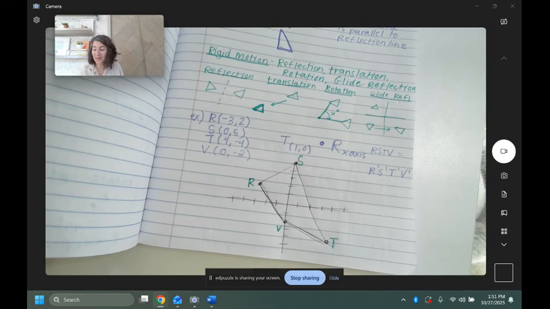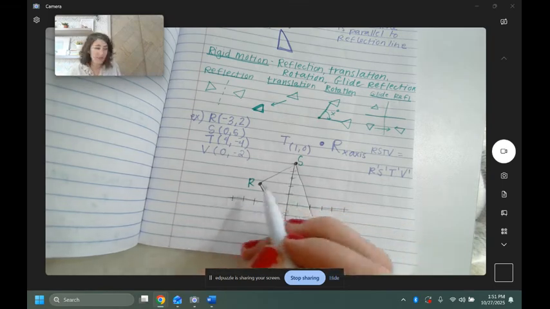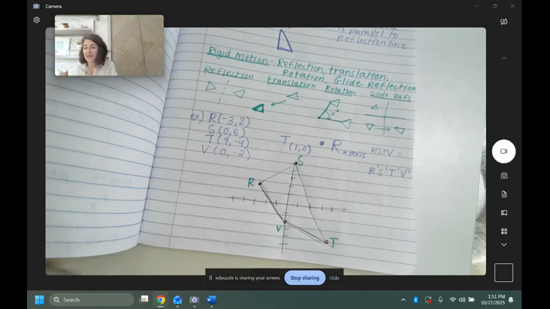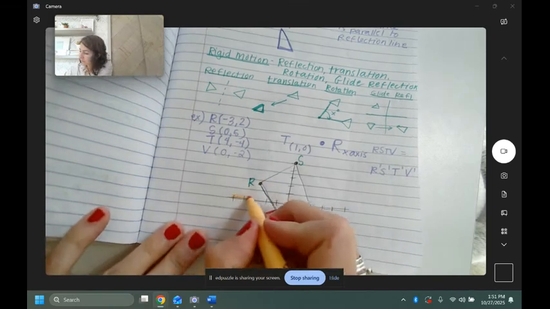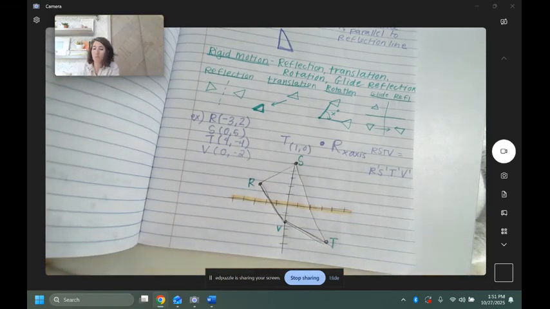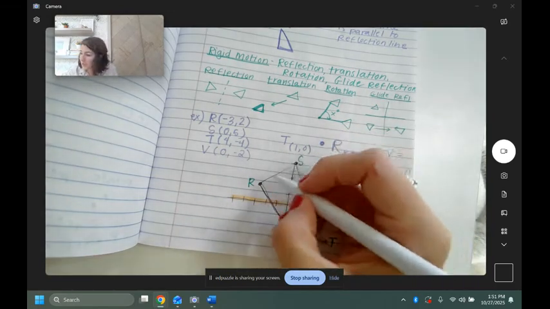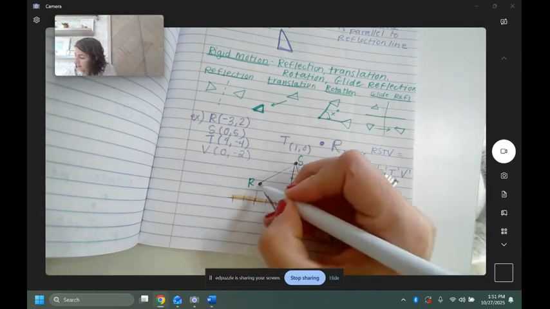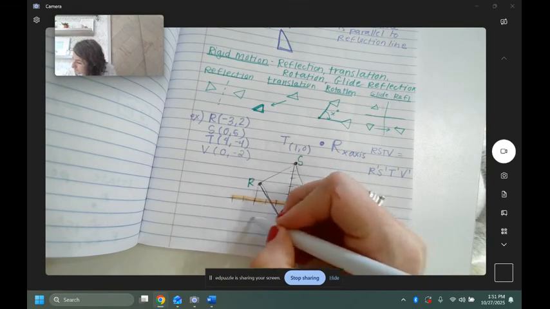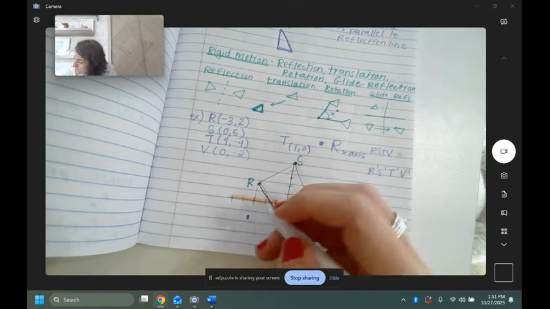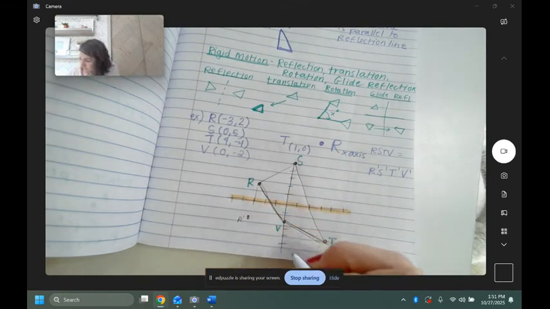And I like to really do this 1 point at a time. So here is my x-axis, right? This is where the reflection is going to happen over. So your R here is 2 away. So it's going to flip down here, 2 away. This is like the new R.